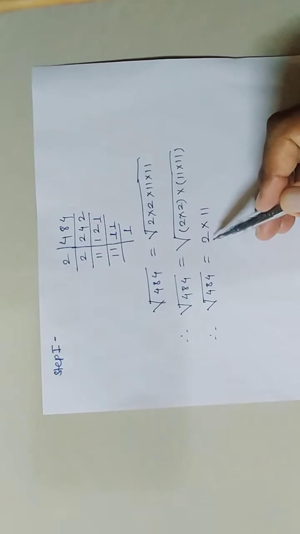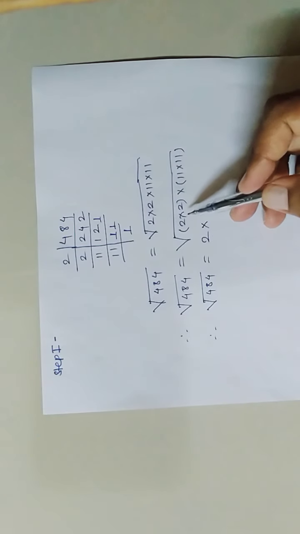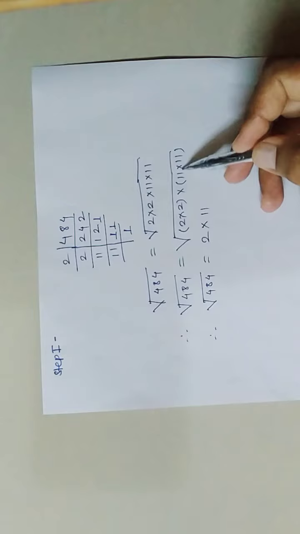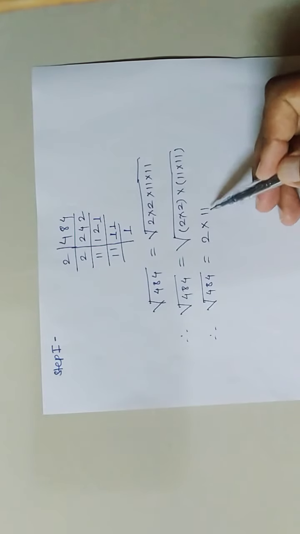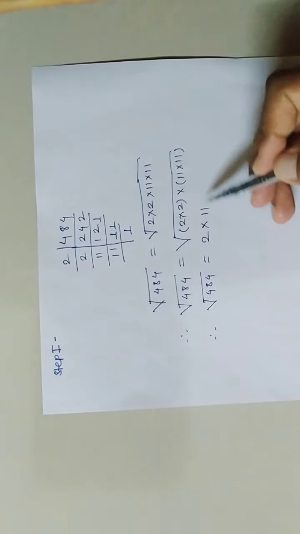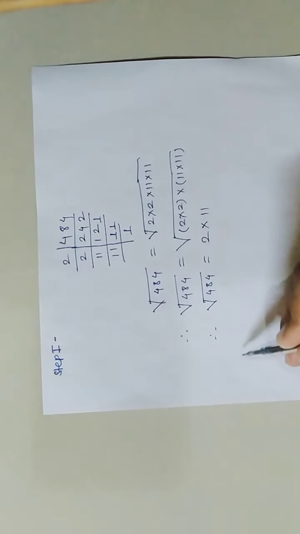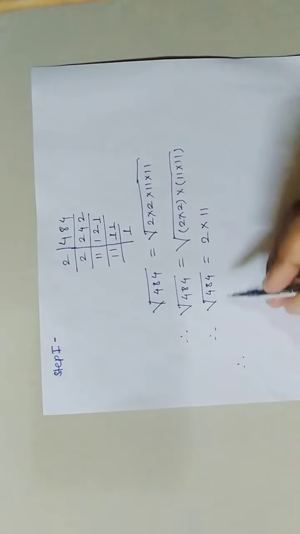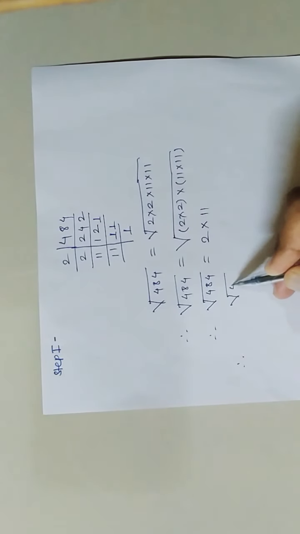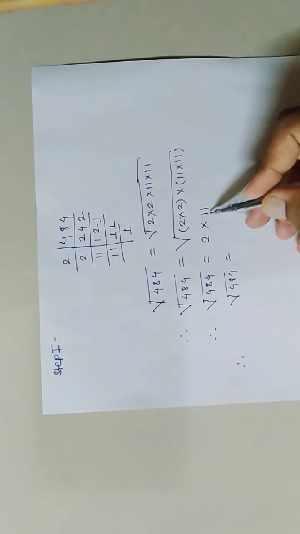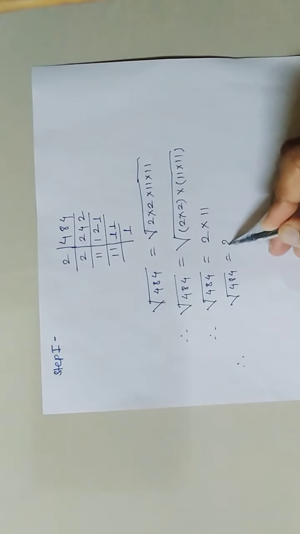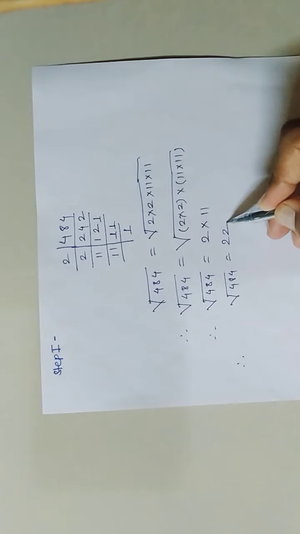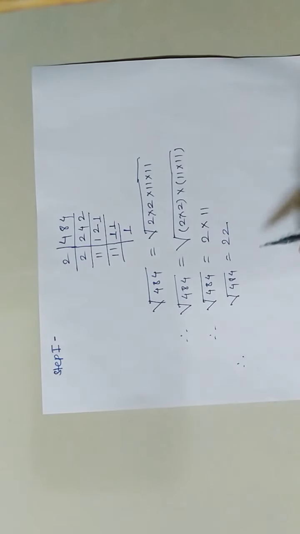One factor from each pair, so here 2 and here 11. So therefore the square root of 484 is equal to the product, 11 twos are 22.